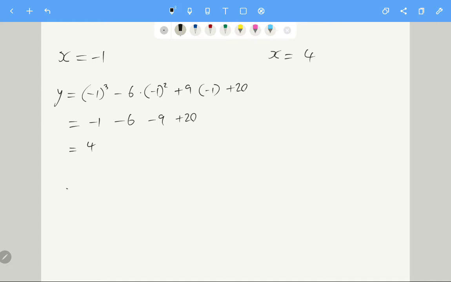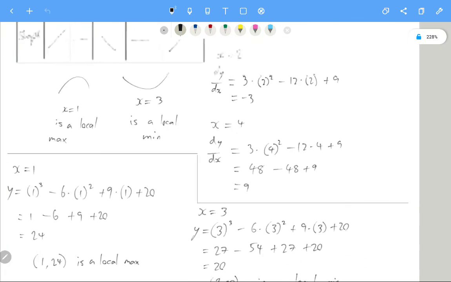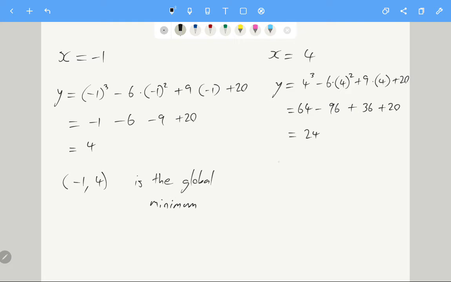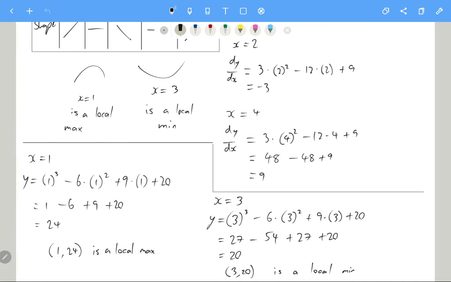Alrighty, so this point here is (minus 1, 4), which is the global minimum so far, just because it is actually smaller than our local minimum that we found earlier. Alrighty, let's check x equals 4, the upper bound. We get 24, which is actually the same height as our previous maximum we found, 24.